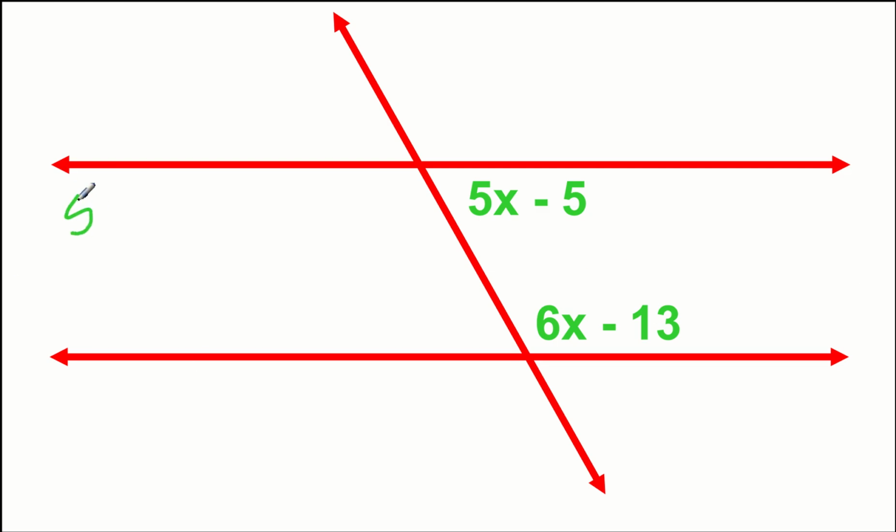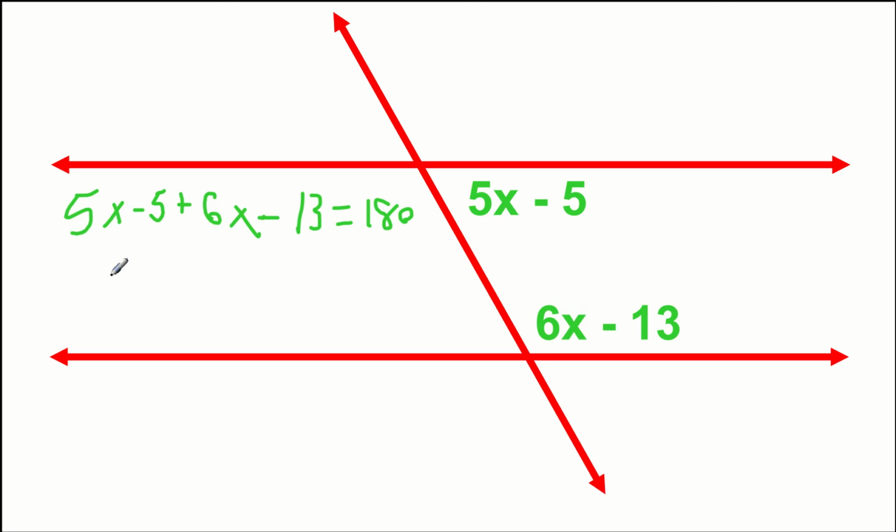So I take my two expressions, I add them together, and I set them equal to 180. Okay? So when they're the same, you set them equal to each other. When they're different, you add them together and set them equal to 180.